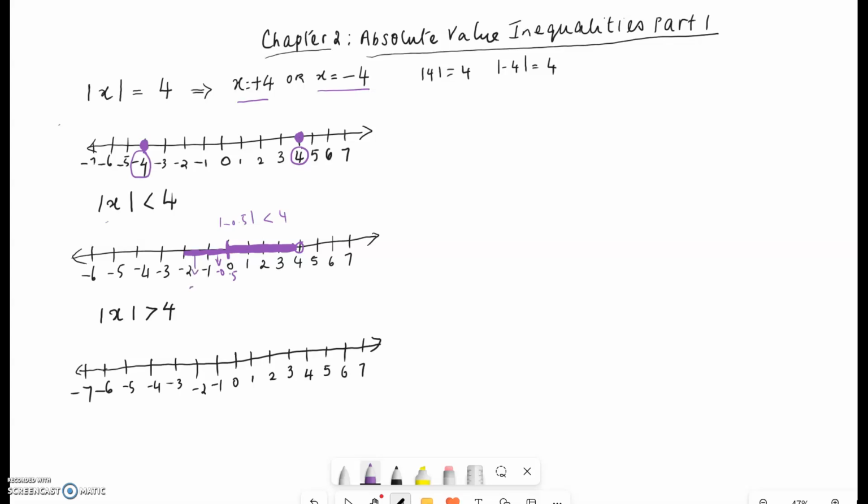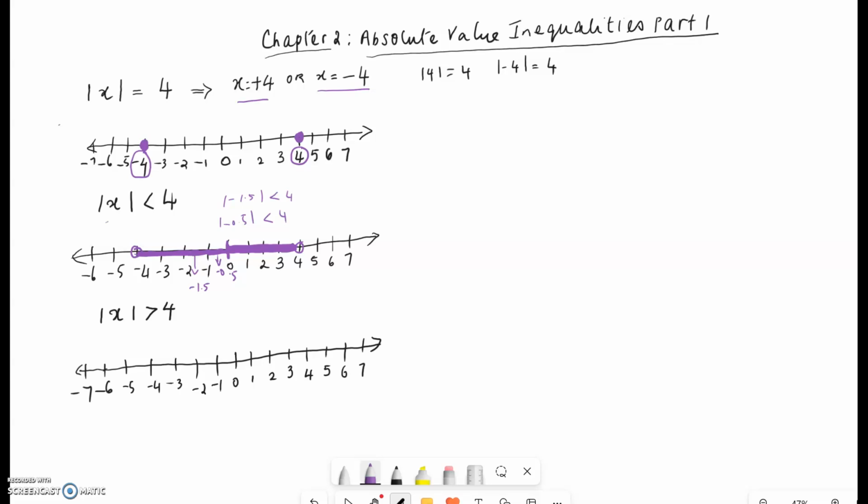Is the absolute value of negative 1.5 less than 4? So it works. So we can stretch this to any number up to negative 4, but not including 4. Any number in this range where I've drawn this purple line will be part of the solution.